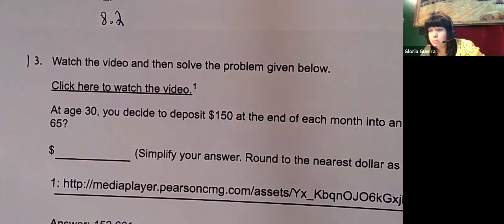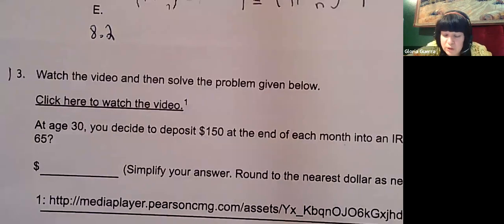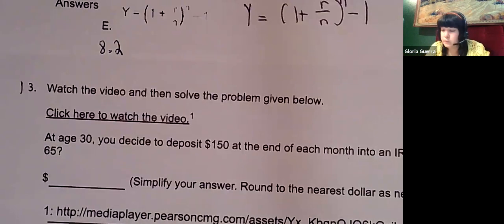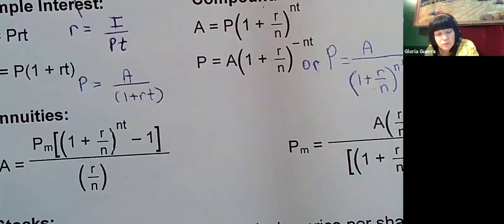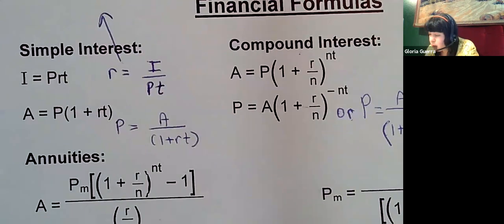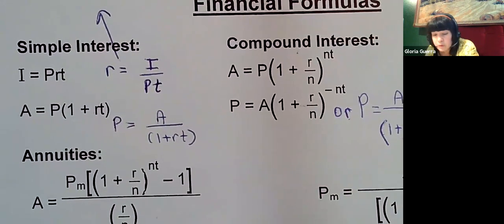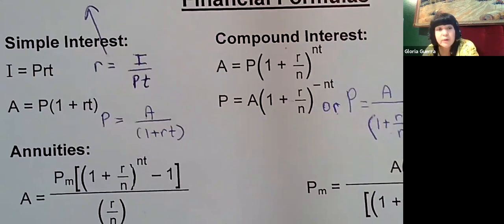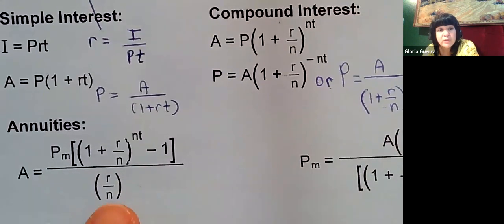As far as the formula goes, let me get my formula sheet out. The formula that we need is this one right here, under the annuity.